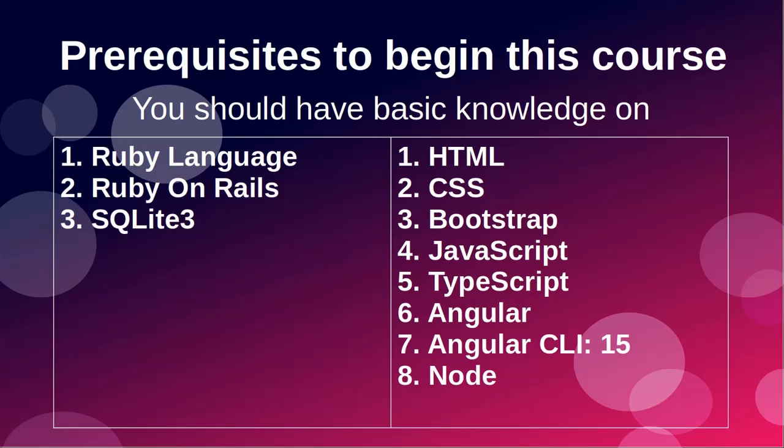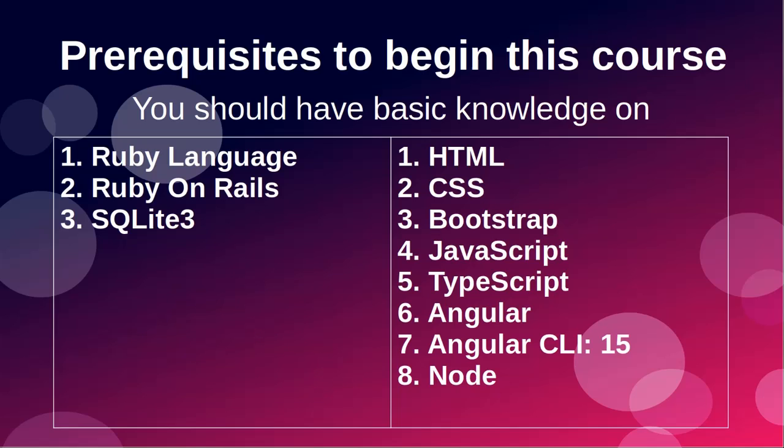And then you should have basic knowledge on HTML, CSS, Bootstrap, JavaScript, TypeScript, Angular, Angular CLI, and Node.js for the front-end application. At first, I will create a RESTful API using Ruby on Rails as a backend server.